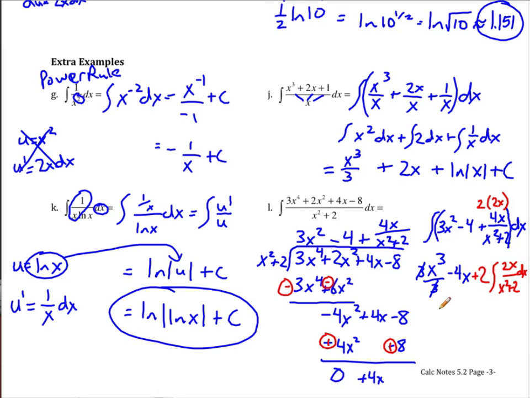Okay, and so our final answer here is going to be x cubed minus 4x plus 2 ln of the absolute value of x squared plus 2, which is always positive. So I'm just going to put that in parentheses, and then plus c. Alright, so that is the natural log and integration.